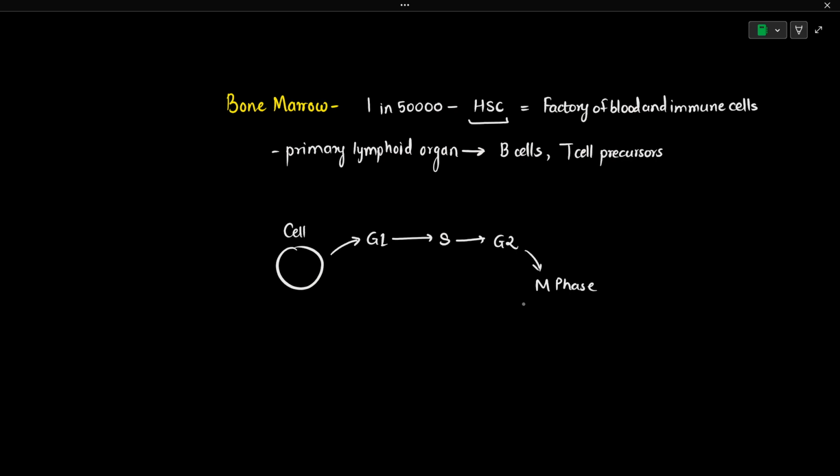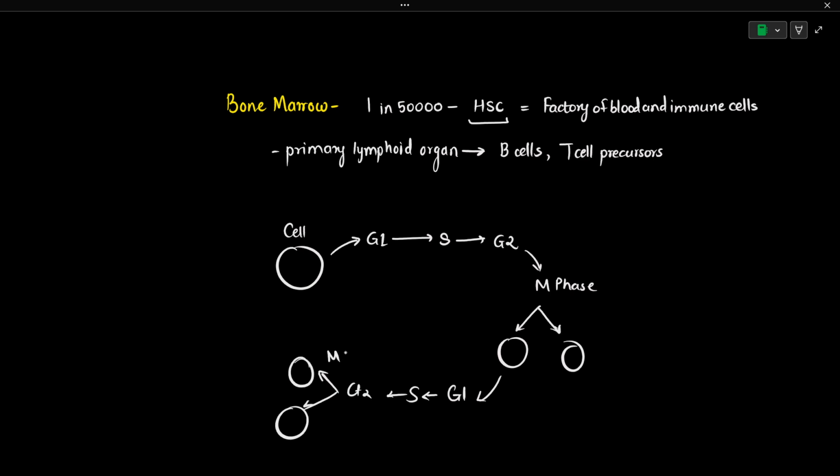This whole cell cycle will be followed again and again to give rise to the daughter cells, which are again going to follow the same procedure, undergoing G1, S, G2 phase, and again giving rise to two daughter cells or four daughter cells, depending upon whether it's mitosis or meiosis.